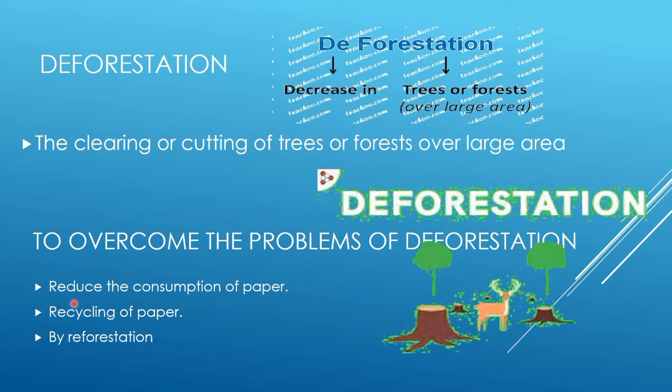One thing we have to do to reduce deforestation is to reduce the consumption of paper. Due to increasing demand, paper consumption is one of the causes of deforestation. We use paper in our schools and homes, everywhere, and whatever we don't write on, we tend to waste.